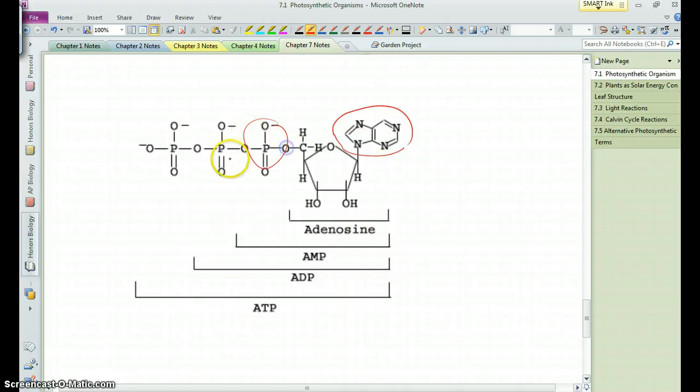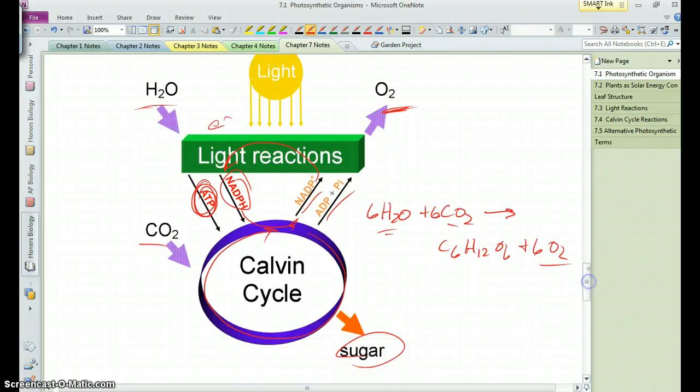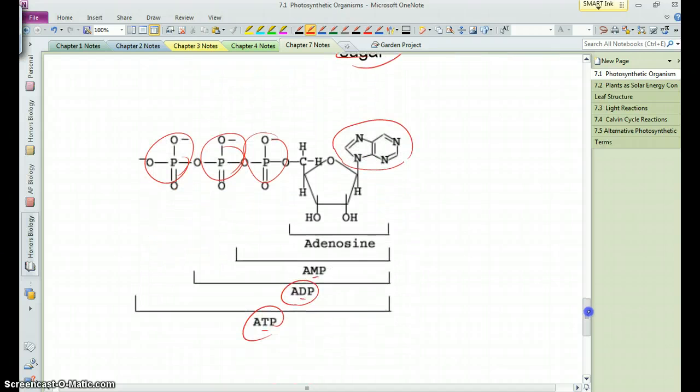Well, we also add on some phosphate groups, and when you have three of them, you have adenosine triphosphate. If you only have two, you have adenosine diphosphate, and then adenosine monophosphate with one. So we're going to see these two in particular are going to be seen a lot because we get the energized ATP and then the lower energy ADP going back to be converted back into ATP.